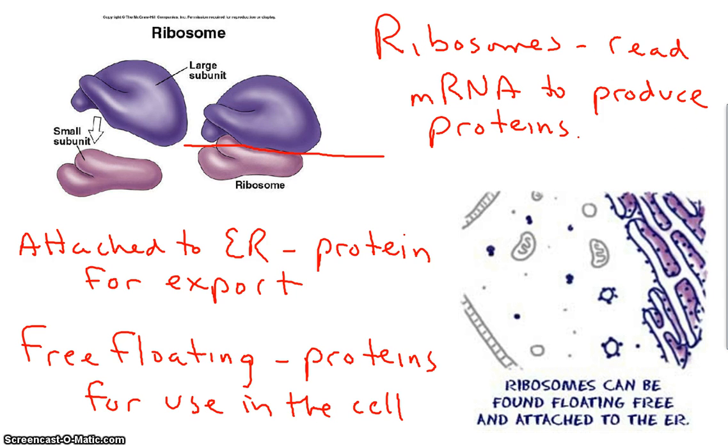And as we've seen, they can be attached to the ER, in which case it's rough ER, or they can be free floating in the cytoplasm. And that's usually where proteins that are going to be used within the cell are made. So for now, you need to understand that there are attached ribosomes that are part of the ER, and then there's free floating ribosomes that will produce proteins that are going to be used directly inside the cell.